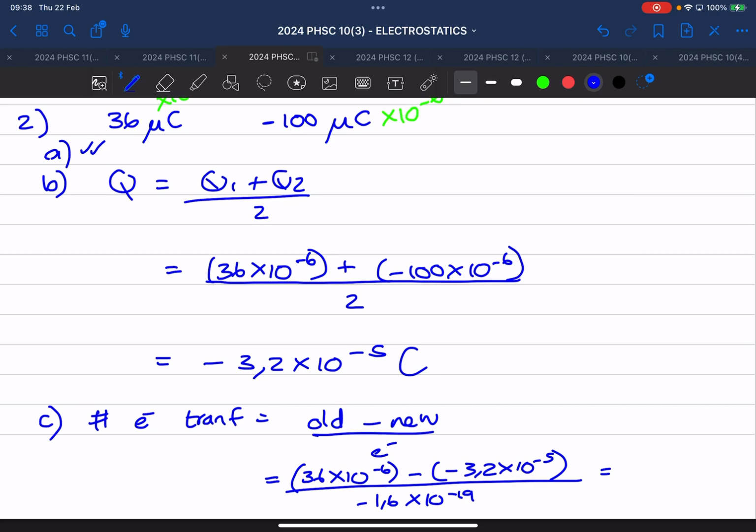No. You see that formula is not on the data sheet. Sorry? Where are we? Carabello, yes? Electrons. What's wrong?